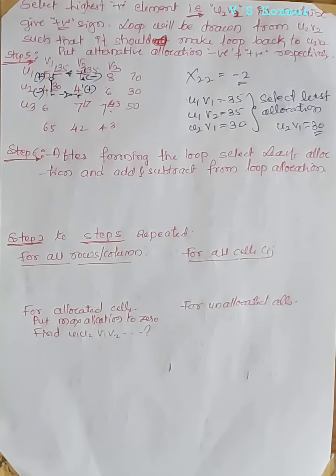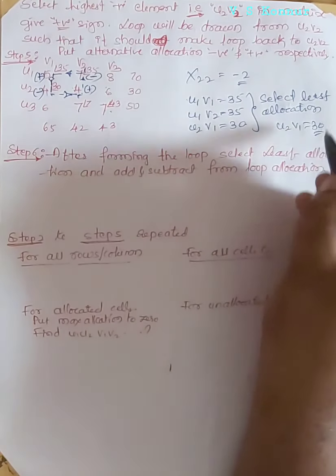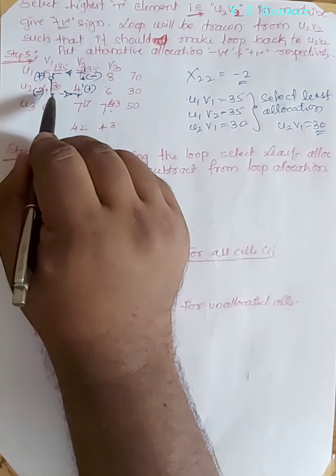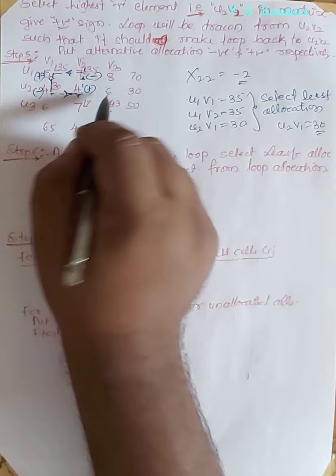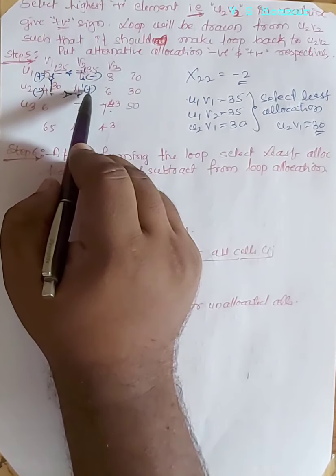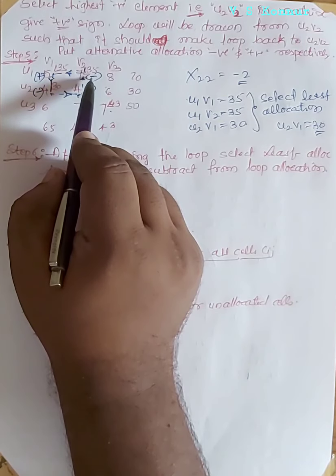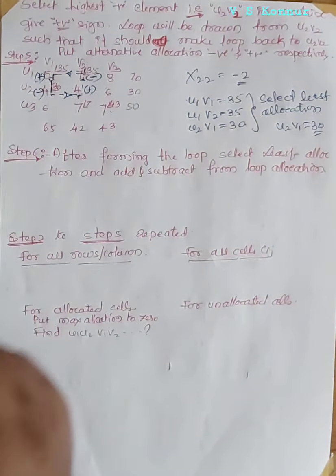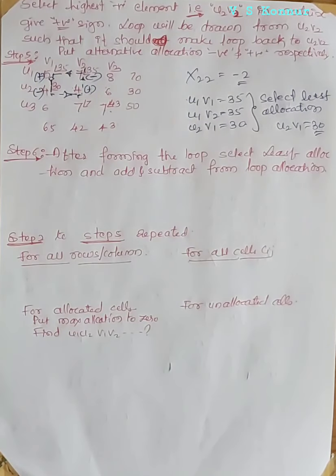The 30 allocation is selected, and this least value is subtracted wherever minus is there and added wherever plus is there. Now this allocation will change.